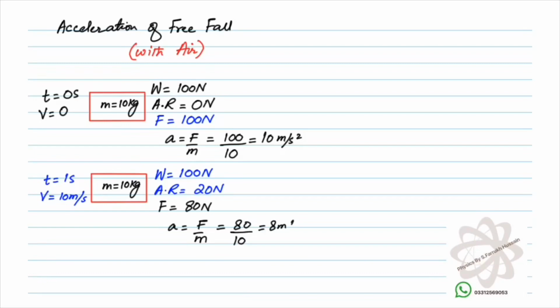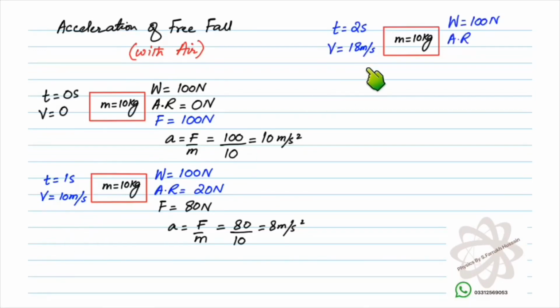As you can see, the acceleration of the object is now less than the previous acceleration. So the object will still increase in speed, but this time the increase will not be 10 meters per second, it will be 8 meters per second. So at the second second of the fall, the object will have 18 meters per second, which is 8 meters per second more than 10 meters per second.